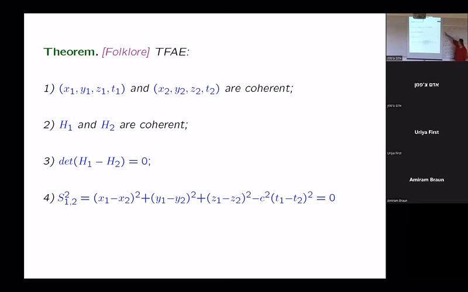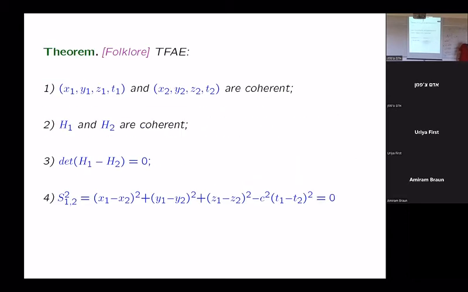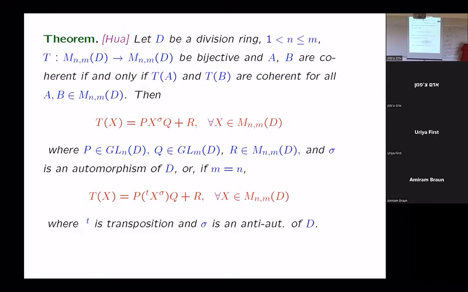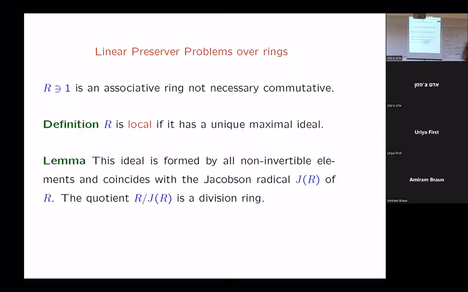You could reinterpret it algebraically using these Hermitian matrices here. So, a nice invariant. And Lacan-Huang characterized coherence preservers. So basically, we are reducing Dieudonné determinant preservers to that result.